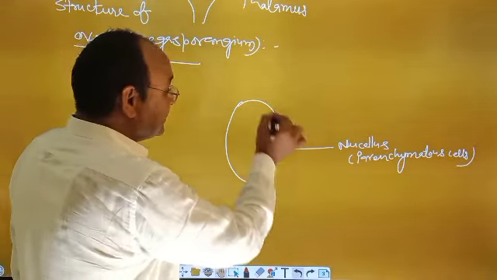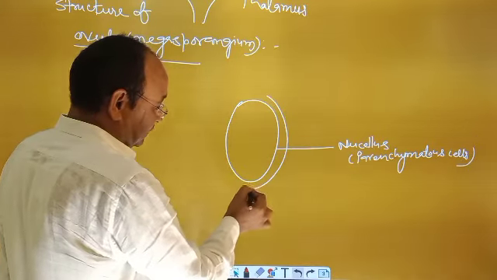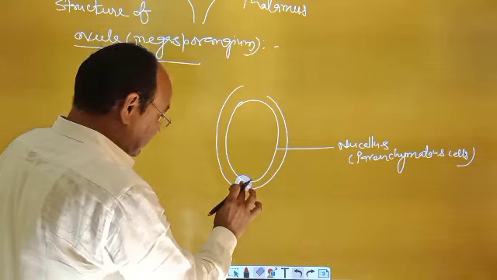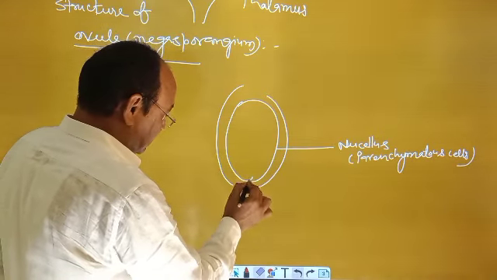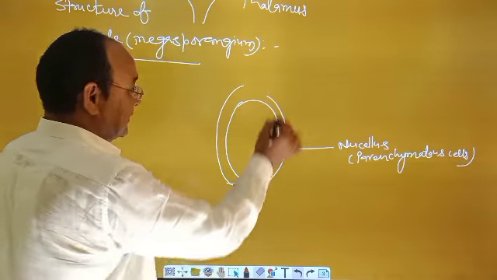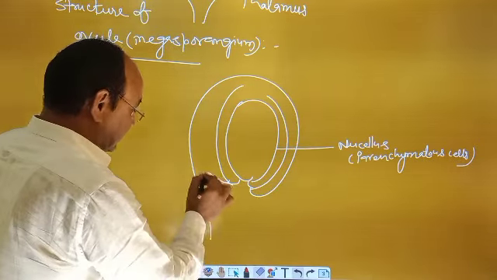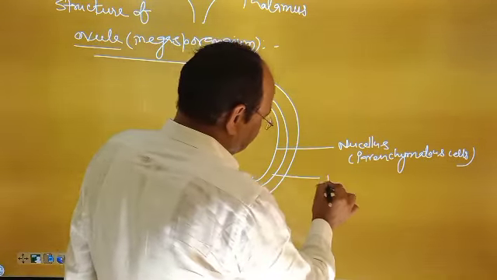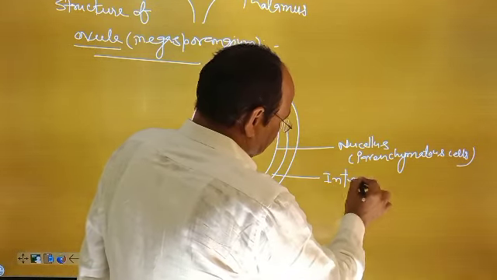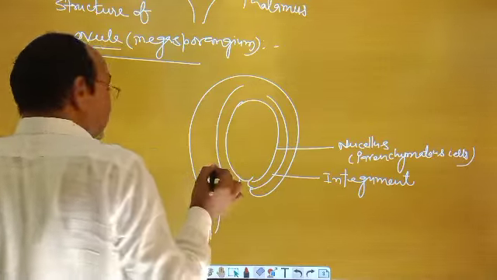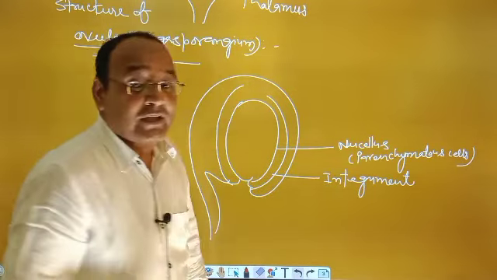Now nucellus is surrounded by one or two layers. This layer is known as integument.